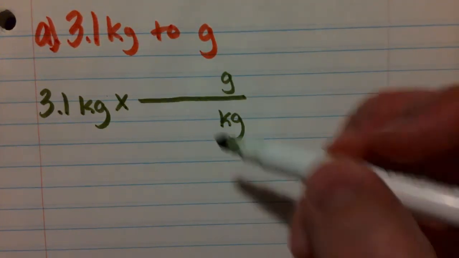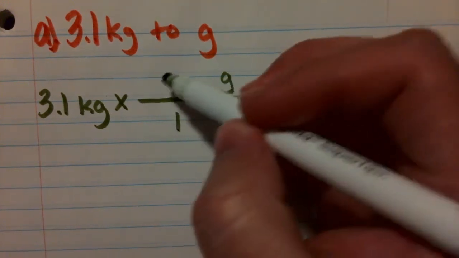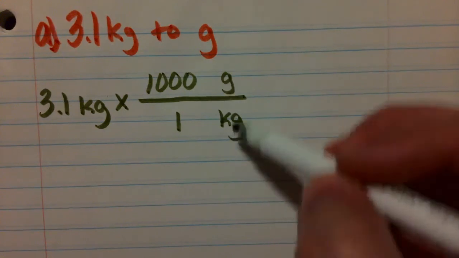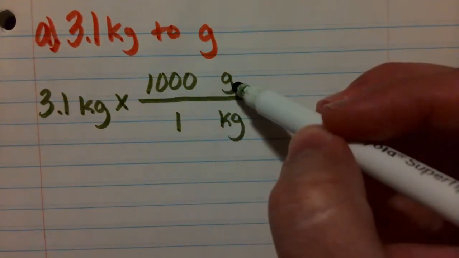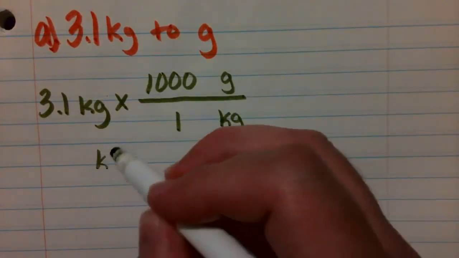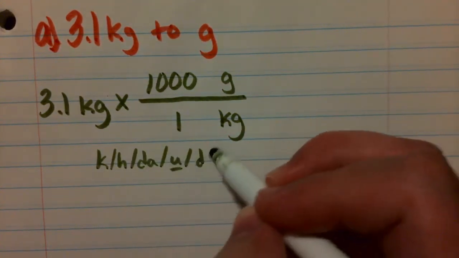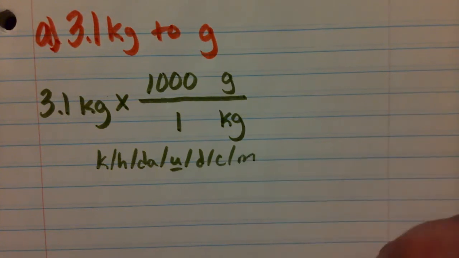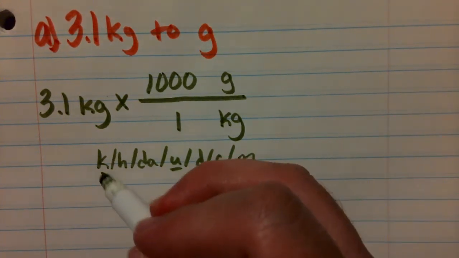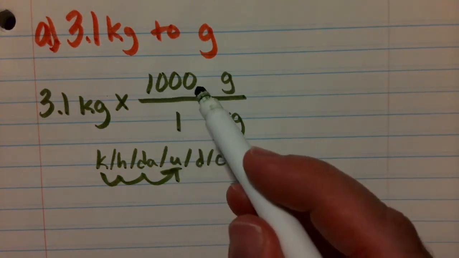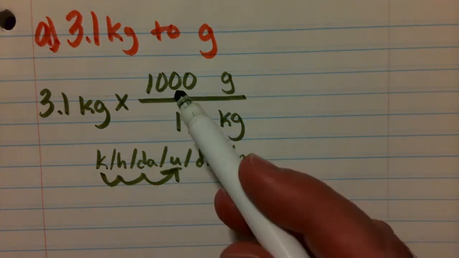For step 5, I need to write an equivalency, a conversion factor. 1 kilogram is equivalent to 1,000 grams. I know that because King Henry danced, usually drinking chocolate milk. If I have 1 kilogram, I move the decimal 3 places to the right, and I get the number of grams, 1,000.